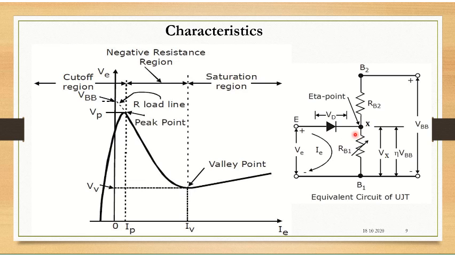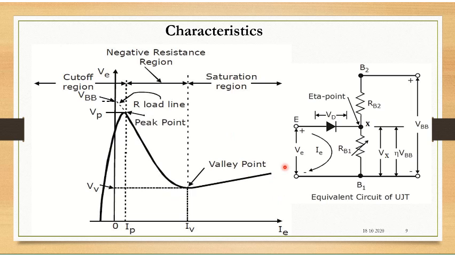We say that the UJT is in on condition, and there are some important things that happen here. As you can observe in the characteristic curve, there is a negative resistance region and a saturation region.